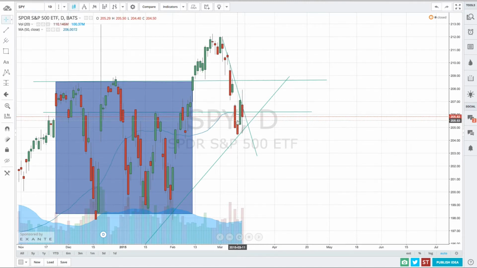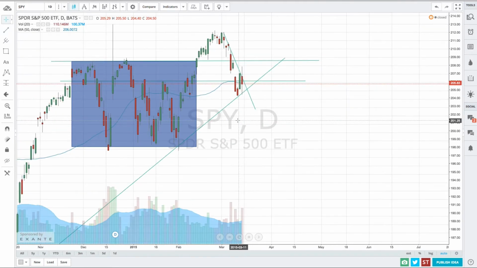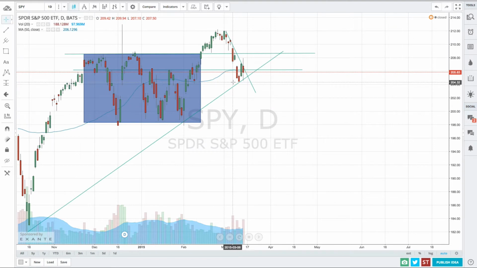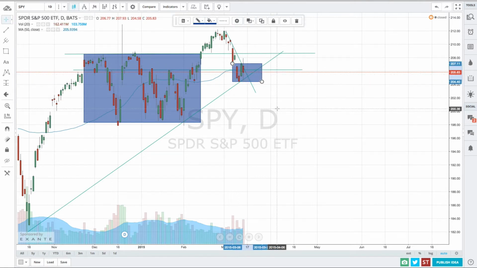Looking at it from that perspective, you have really two levels to look at: the high from Thursday and the low from Wednesday. Whichever side of that box breaks first, that's the way we're going to head.